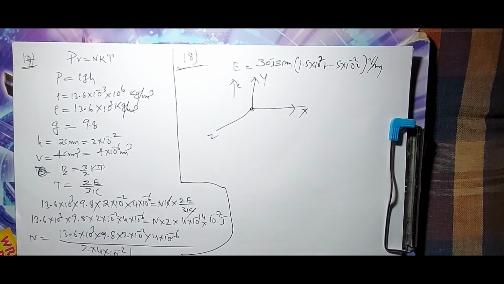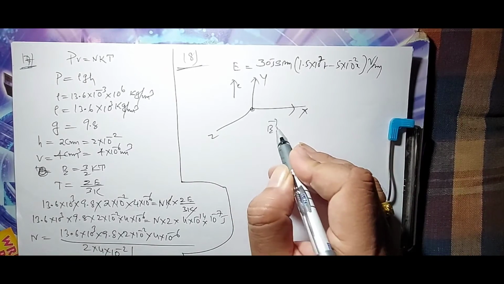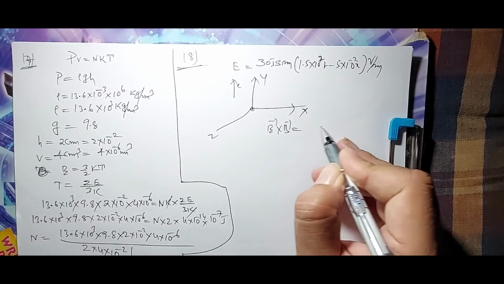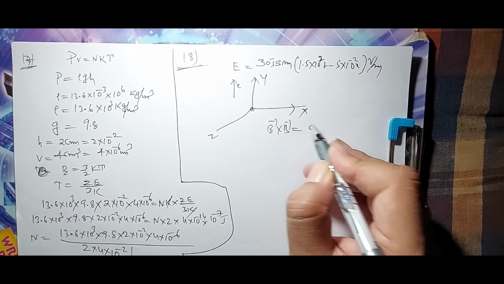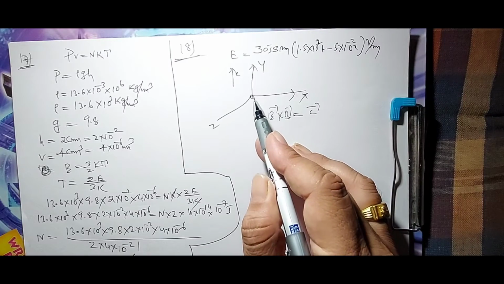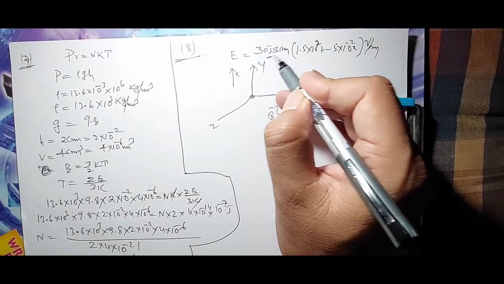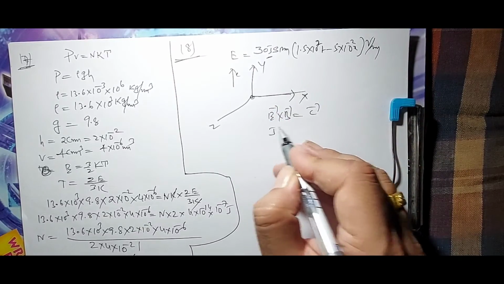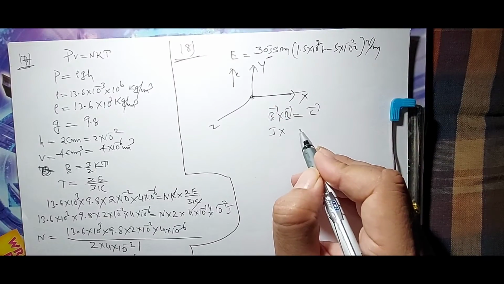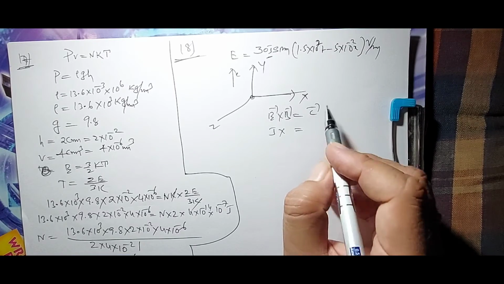So we want to find out what is the direction of magnetic field. We know that here E bar cross B bar is equal to C bar. So here the direction of electric field is j cross, we don't know the direction of magnetic field, is equal to C bar.